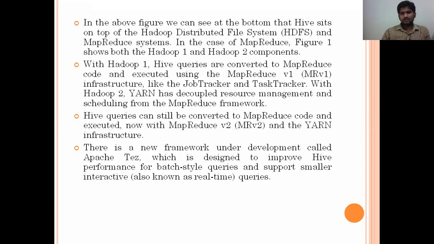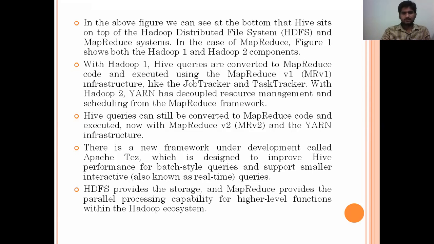So there is a new framework under development called Apache Tez, which is designed to improve Hive performance for batch style queries and support smaller interactive queries, also known as real-time queries. So this is important.